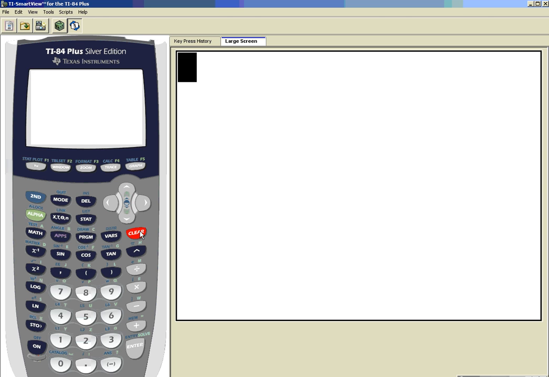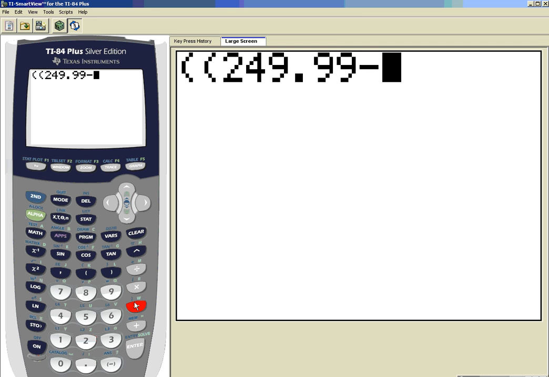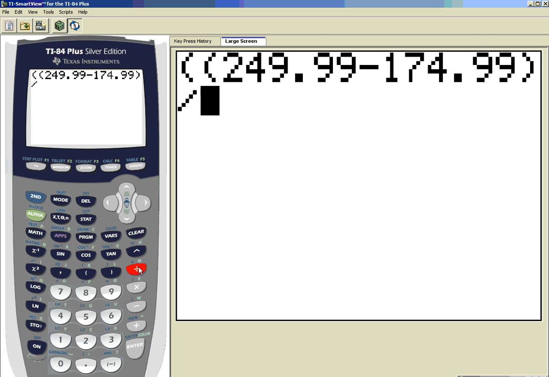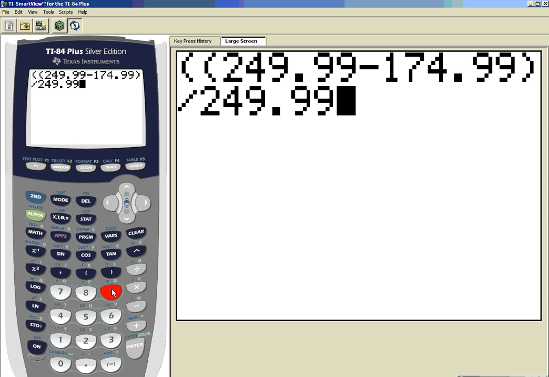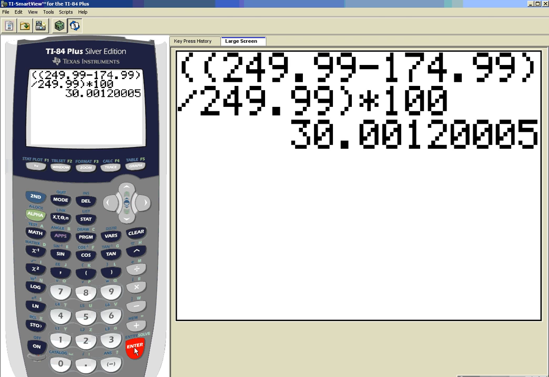So in the calculator, I'm going to open two sets of parentheses, one for the big one for the numerator, 249.99 minus 174.99, close the numerator, divided by the denominator, which is 249.99, close the entire big set of parentheses, multiplying that whole thing then times 100 to change to a percent, hit equals, and we see we get 30.001. If we round, that rounds to 30%.